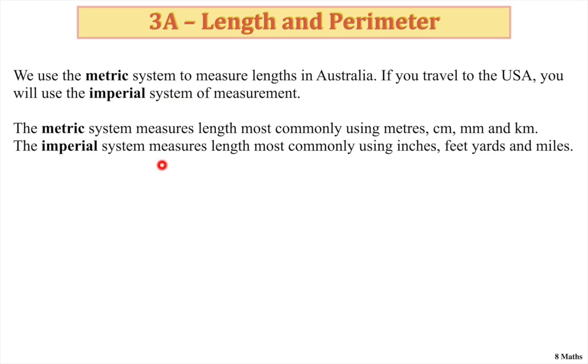So when they measure distances, they use inches and feet and yards and miles. So they use a different system to measure lengths. I just want you to be aware of that, because sometimes you'll hear people talk in the imperial system. We used to use the imperial system many years ago in Australia, and it was changed to the metric system.